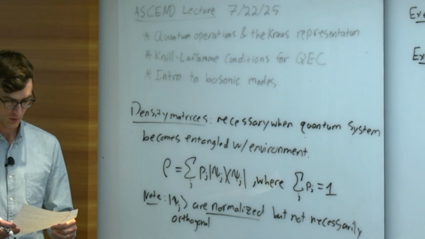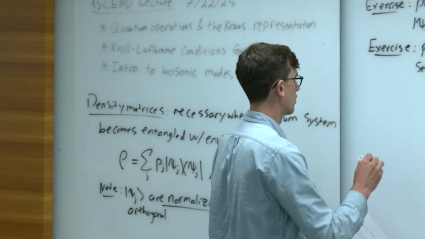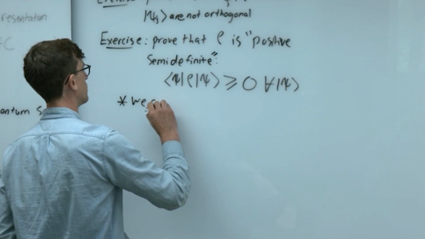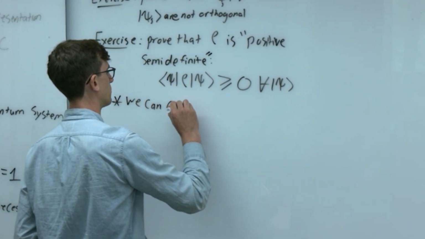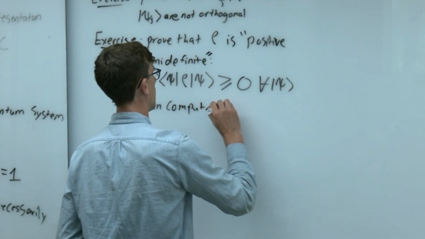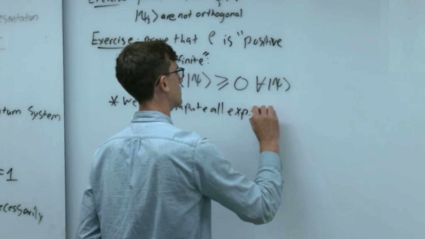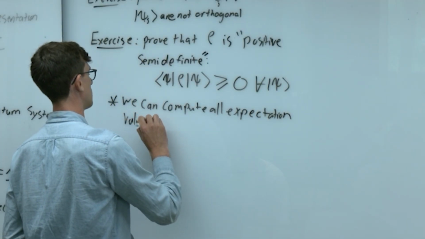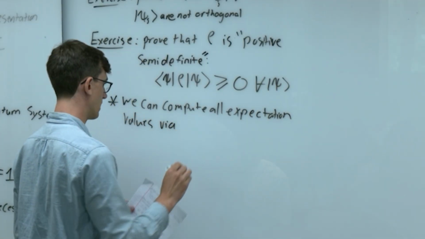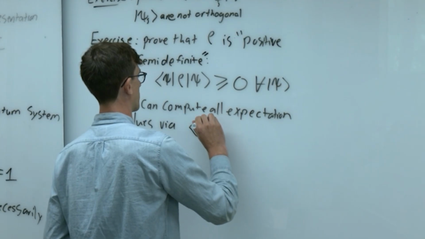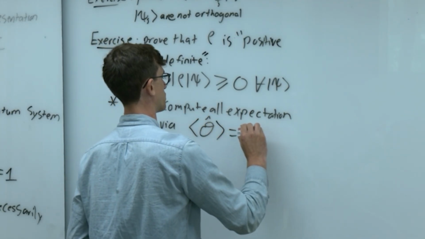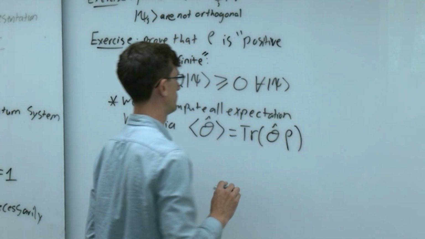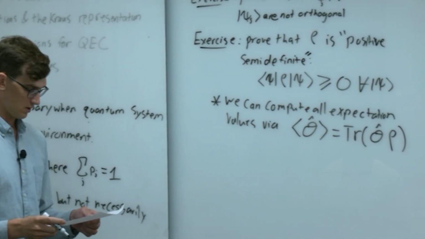Cool. Great. So some important things to note about density matrices. We can compute all expectation values using the density matrix. So we would compute them via the expectation value of some operator O is equal to the trace of O with the density matrix rho.